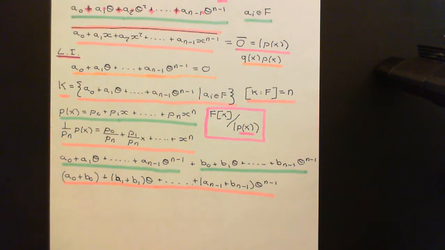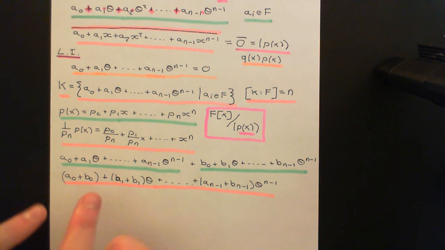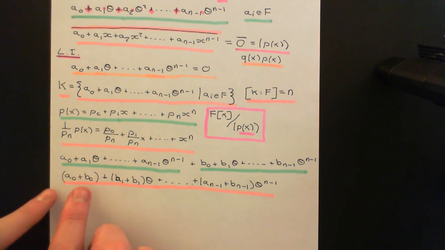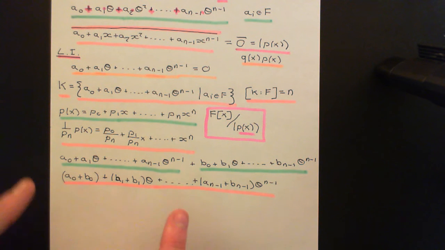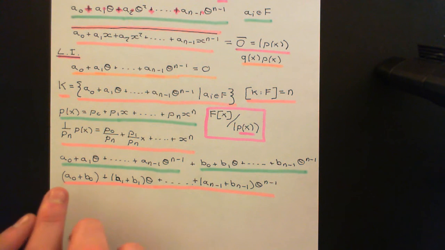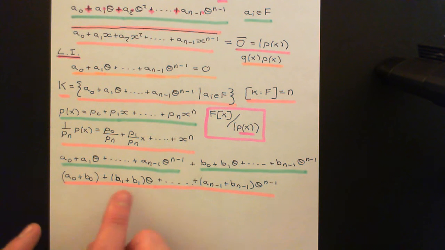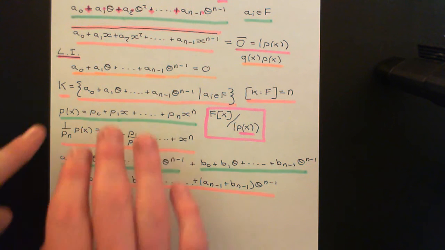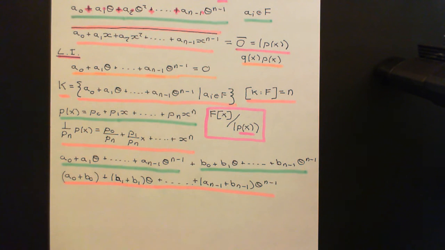Well, you can just add the coefficients, and because those are both in the subfield capital F, and because the addition in the subfield is compatible with the addition in the larger field, from what we've proven so far, you can view this as just addition in the subfield capital F. So you'll now get some new linear combination of these basis vectors.